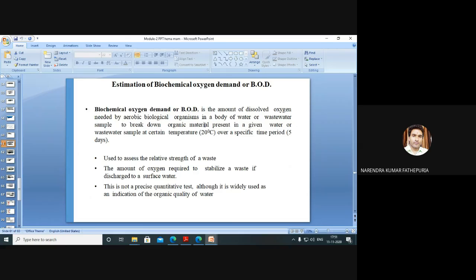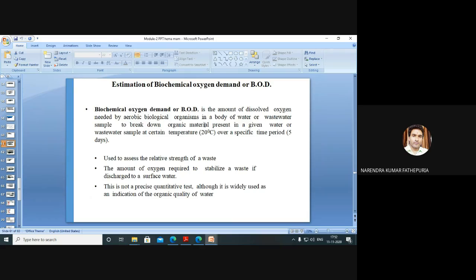This is the estimation of biochemical oxygen demand. The biochemical oxygen demand is the amount of dissolved oxygen needed by aerobic biological organisms to biodegrade the organic matter within an incubation period of 5 days or 21 days, at a temperature of 20 degrees Celsius, for a specified period like 5 days.